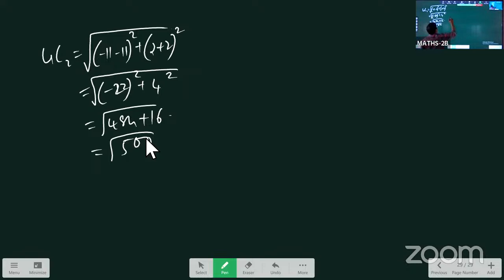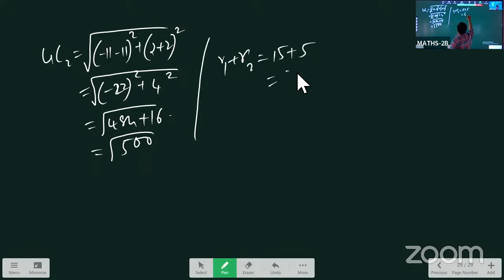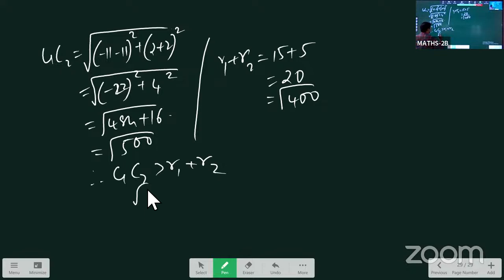Now let us check R1 plus R2. What is R1 we got just now? 15 plus 5, 20. Then how to check root 500, which is greater? I will write 20 as root 400. Correct, no? Root 400 is again 20 only. So therefore, C1 C2 is greater than R1 plus R2. Why? Because root 500 is greater than root 400. By seeing the number, you can make the difference. 22 whole square is 484 plus 16.